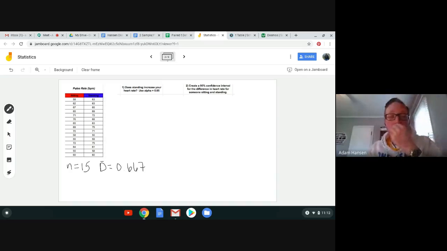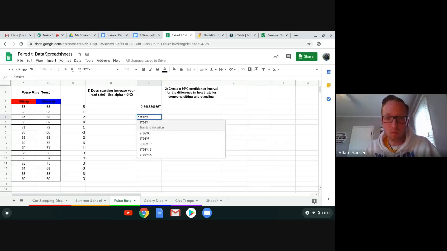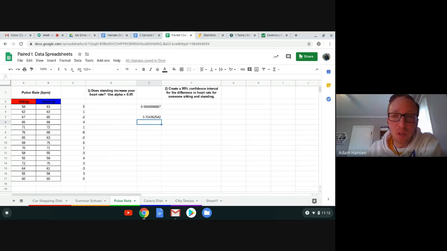So it looks like standing from our sample raises your overall heart rate in beats per minute by 0.67. We have some standard deviation here of 3.754 beats per minute.